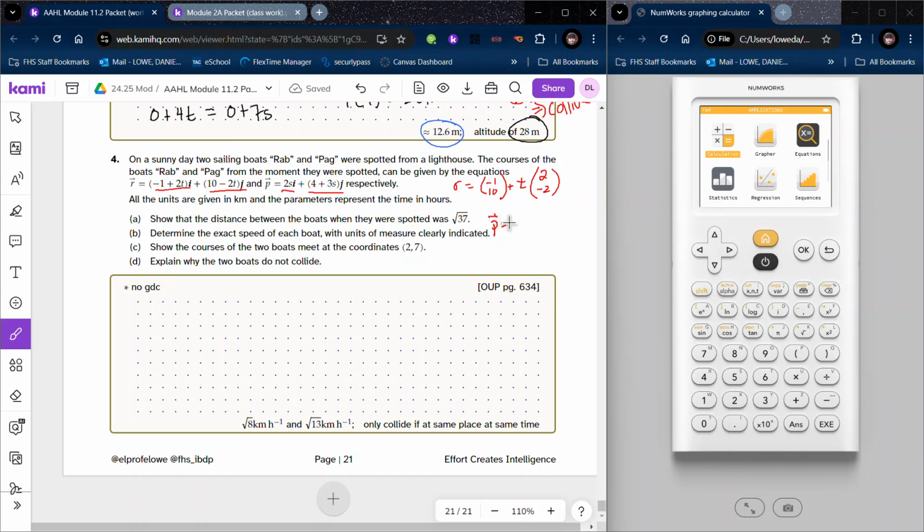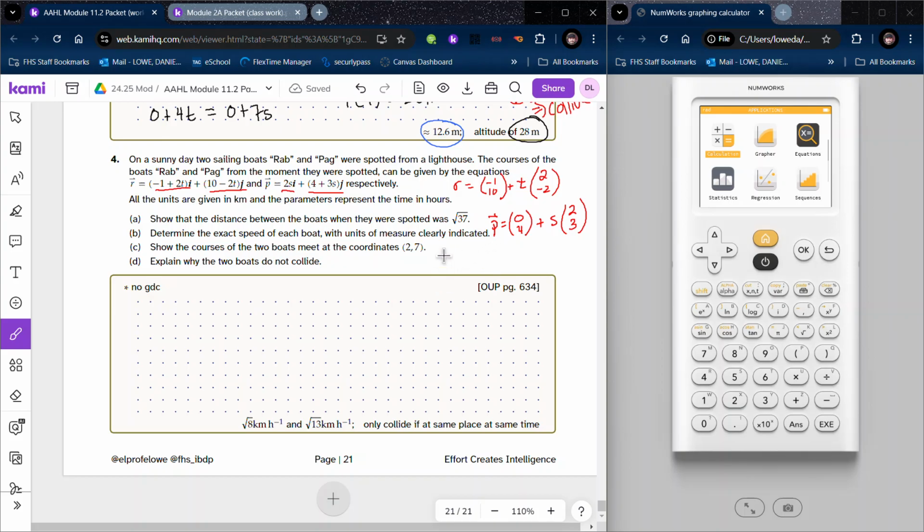All right, and then for Padge, we have 0 in the x direction as its initial point, 4 in the y direction as its initial point, parameter s, and 2 in the x direction, 3 in the y direction.